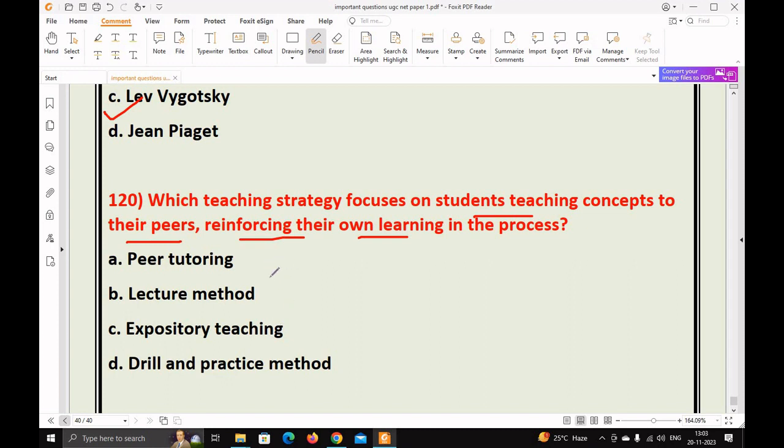Options are peer tutoring, lecture method, expository teaching, drill and practice method. The right answer of this question is option A, peer tutoring. So peer tutoring strategy focuses on students teaching concepts to their peers, reinforcing their own learning in the process.